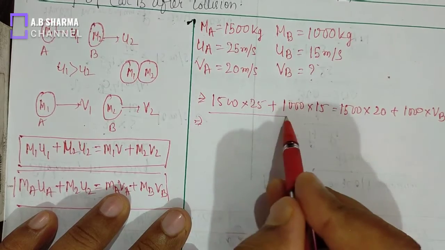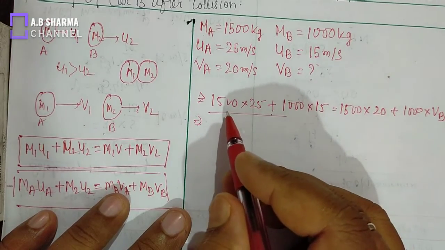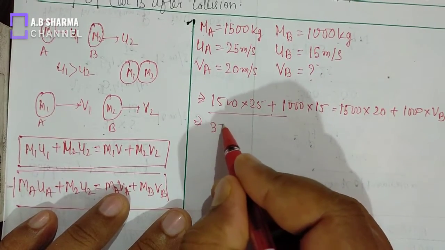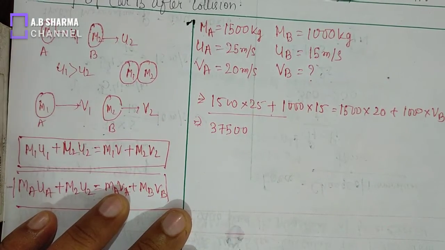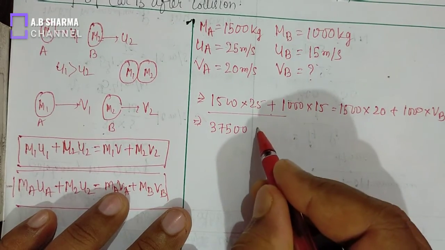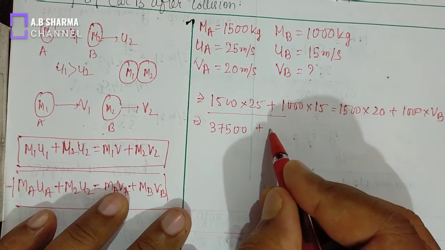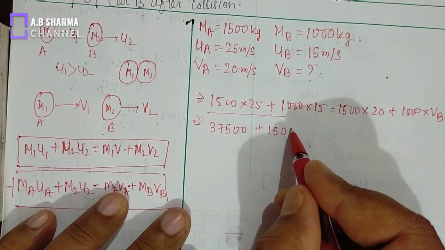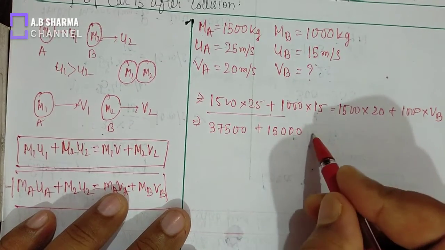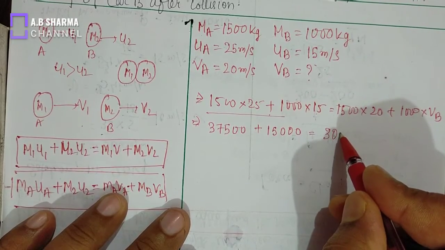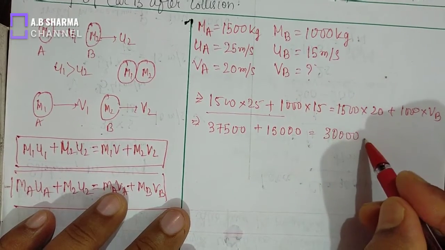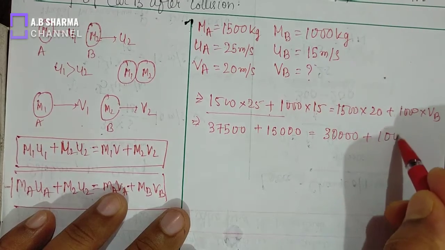Now we will solve this. We get 37500 plus 15000 equals 30000 plus 1000 VB.